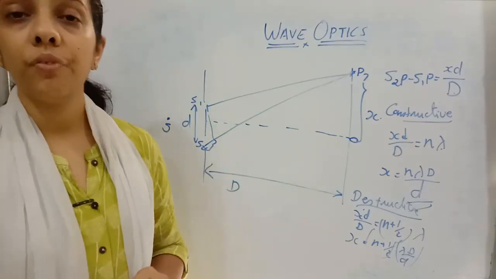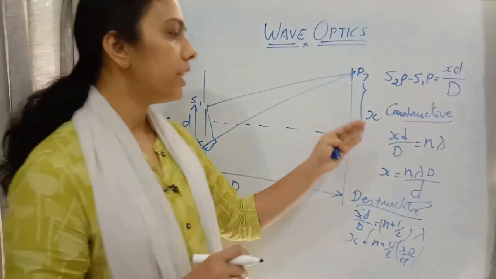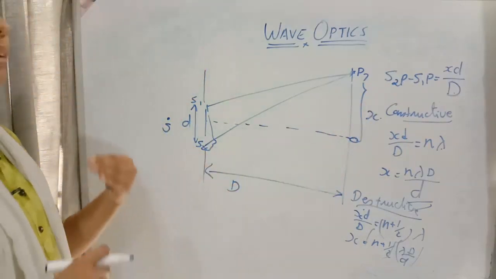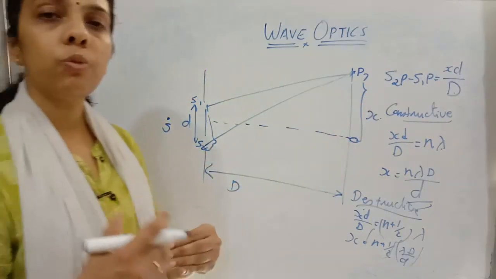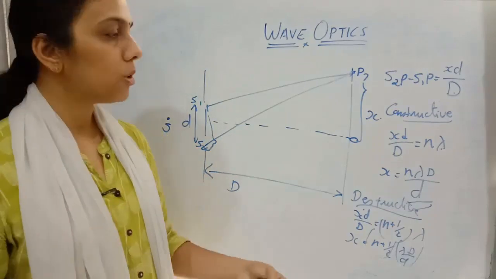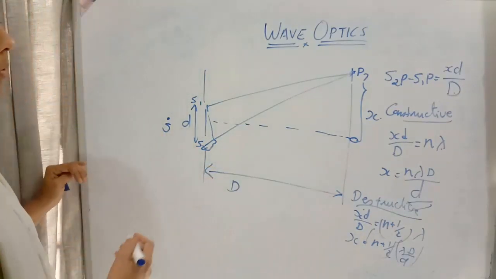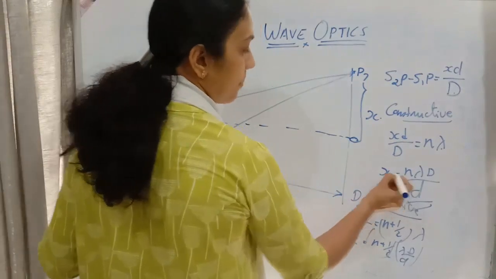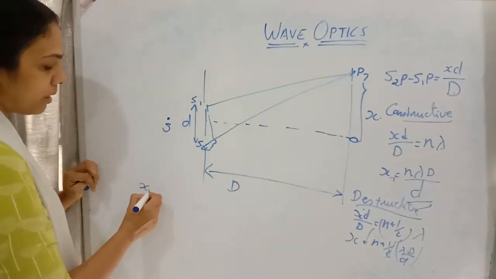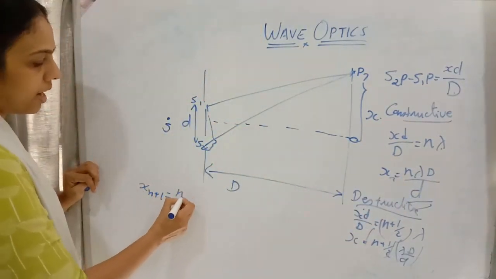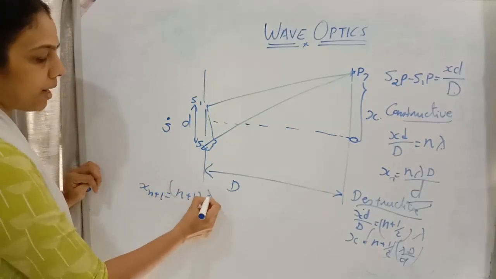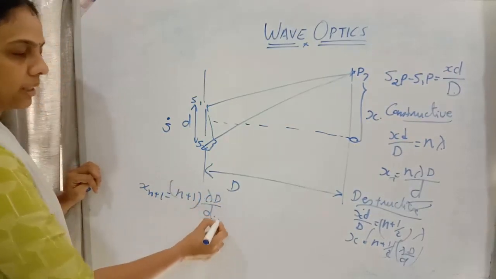That is called fringe width. For constructive interference, the nth position is n lambda D divided by d, and for the n plus 1th position it will be (n plus 1) lambda D divided by small d.